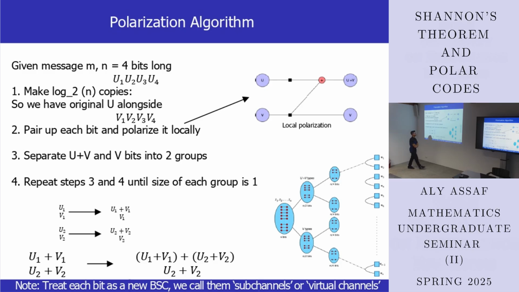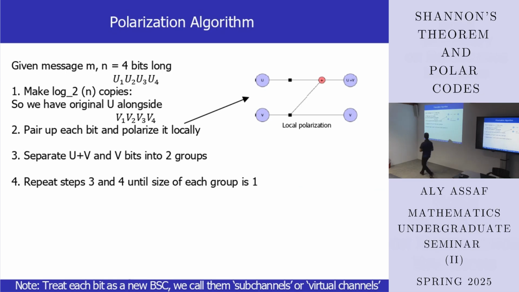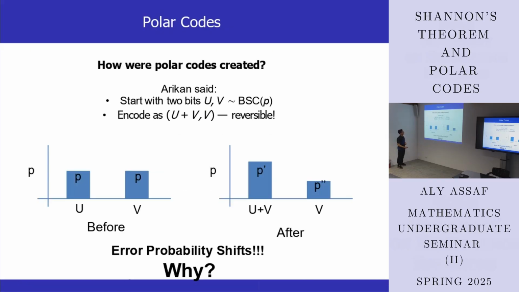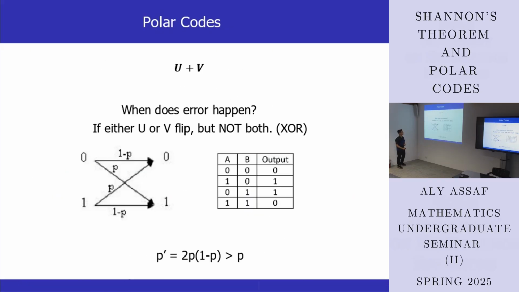Okay, so for each bit, if we go back to about here. It's kind of hard to have both at the same time, but just keep the diagram in mind.